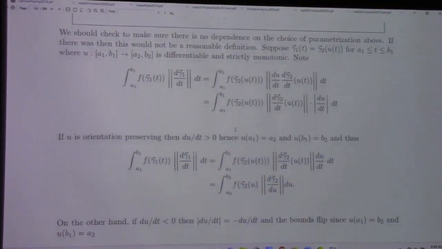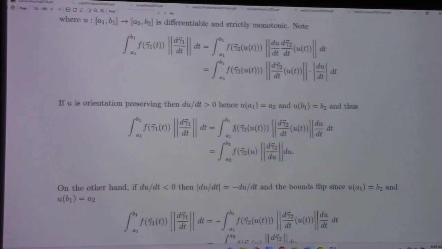And so, of course, then I need to break up into cases, because if du dt is positive, that means that u of a1 is a2 and u of b1 is b2. So when I do the U substitution, and by the way, the absolute value of a positive thing is the positive thing, so I just replace absolute value with du dt, and well, and then what?